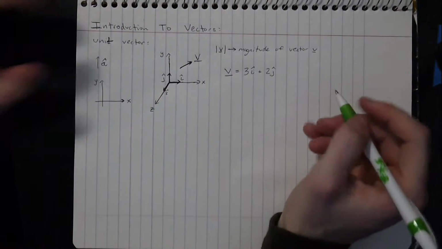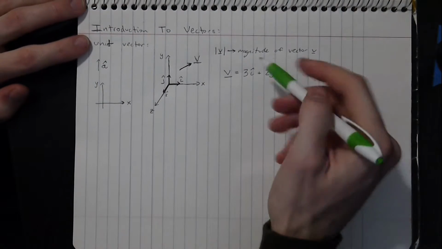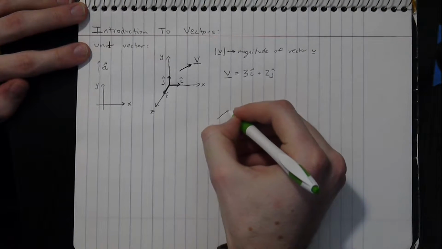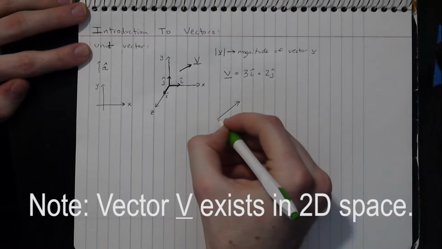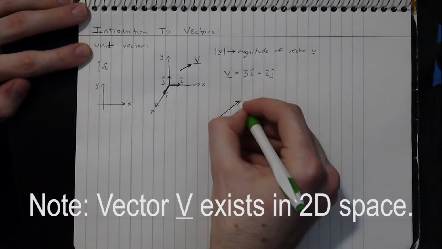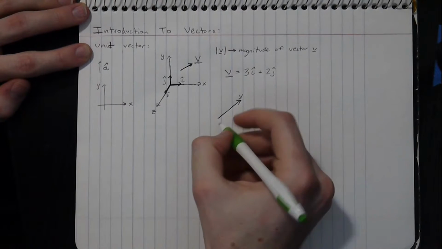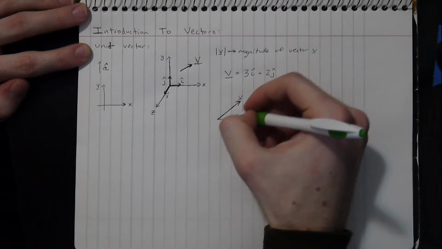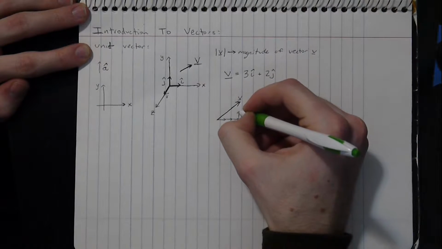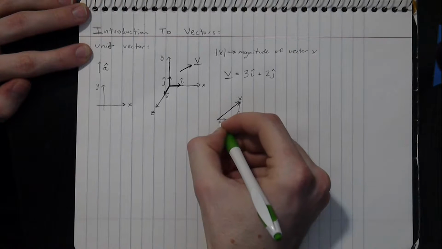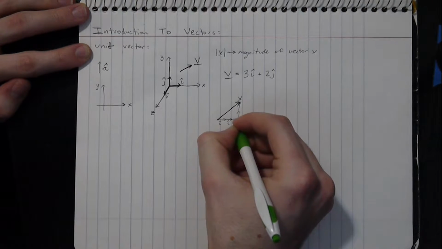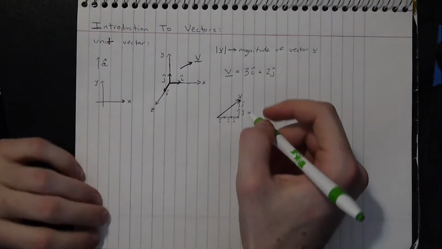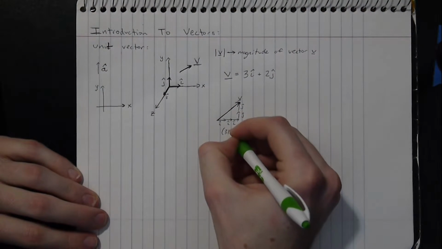So if we wanted to find the magnitude of it, basically what this is saying is if we have vector v right here, it could be made of 1, 2, 3 i's and 1, 2 j's. So i, j, j. So that's vector v.